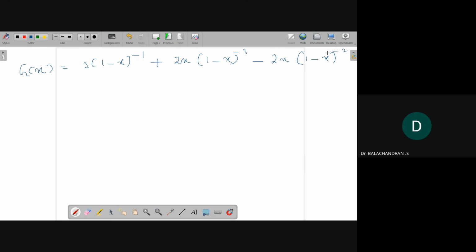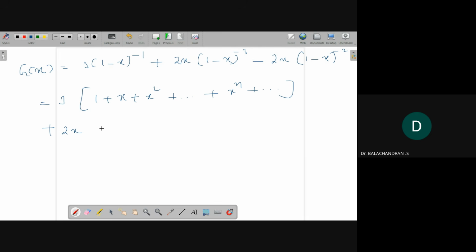Now expansion. So 3 into 1 plus x square and so on plus x power n and so on. This is over. Plus 2x into 1 minus x whole power minus 3.